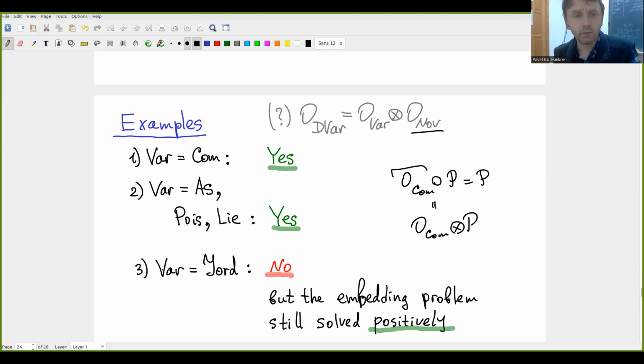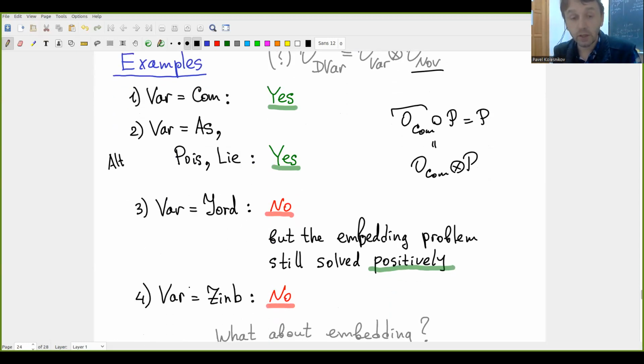As far as I remember, I'm not so sure. I have already checked alternative. For alternative algebras, we also have an equality. But for Zinbiel algebras, for example, no.